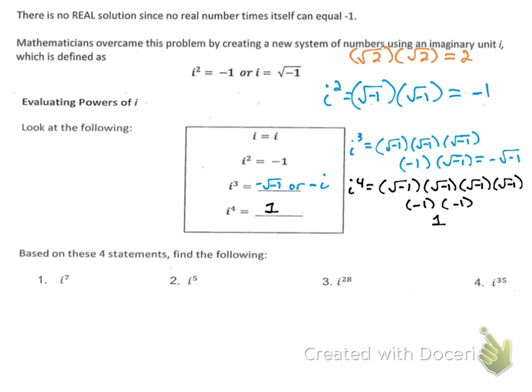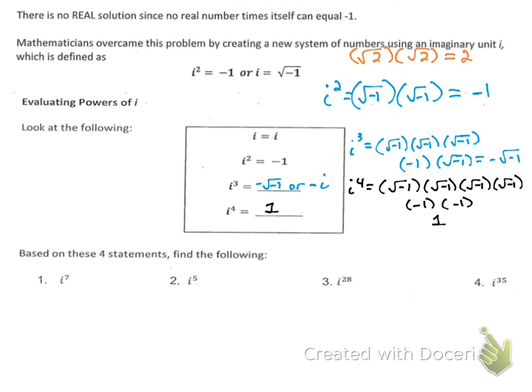So the i's work in a pattern of 4. If you did i to the fifth, the square root of negative 1 multiplied by itself 5 times, that would give you i. i to the sixth would give you negative 1. i to the seventh would give you negative i. i to the eighth would give you 1.